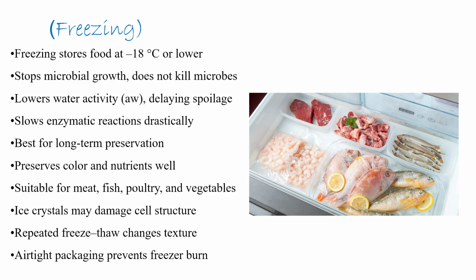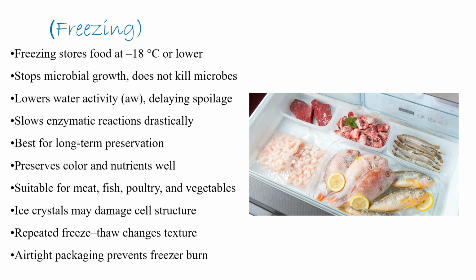Under minus 18 degrees Celsius, the water activity will be very low, and when the water activity is low, it stops or delays the spoilage by microorganisms. At this temperature the enzymatic reaction slows down drastically, and it is very good for long-term preservation of foods.